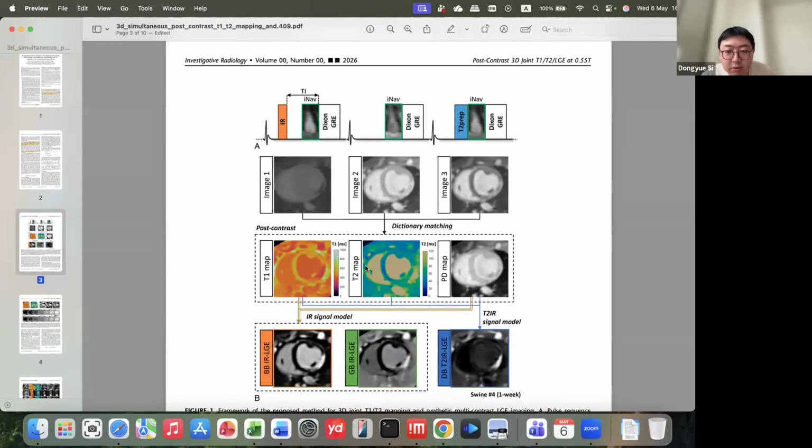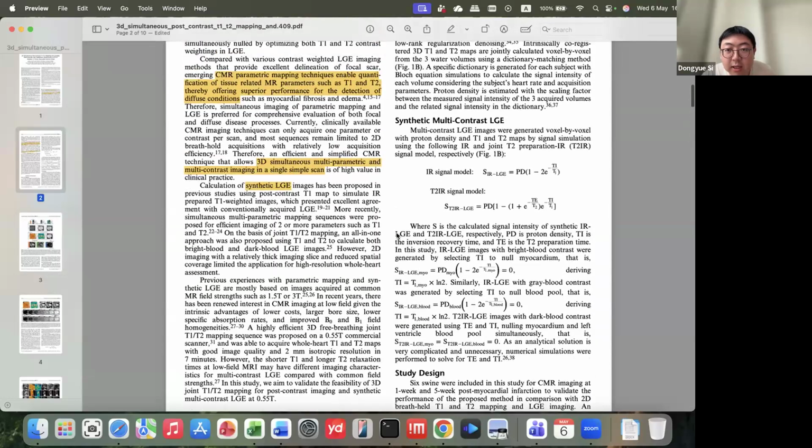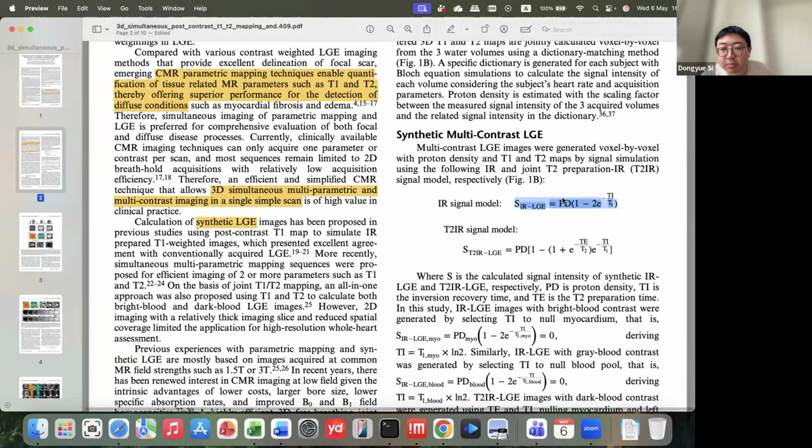With these 3 contrasts, we proposed an IR signal model and a T2-IR signal model to calculate different contrast-weighted LGE images. Specifically, for the IR signal model, we used this signal model, which includes both the proton density and the T1 to calculate the contrast.